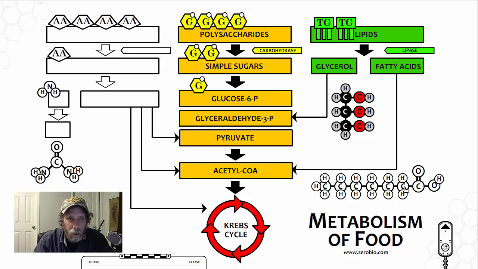I just drew this with 1, 2, 3, 4, 5, 6 carbons, but many fatty acids have very long hydrocarbon, carbon and hydrogen, tails. Here are some colors again: black for carbon, red for oxygen, and light gray for hydrogens in my case. So imagine that this fatty acid is cut into 2 carbon units.